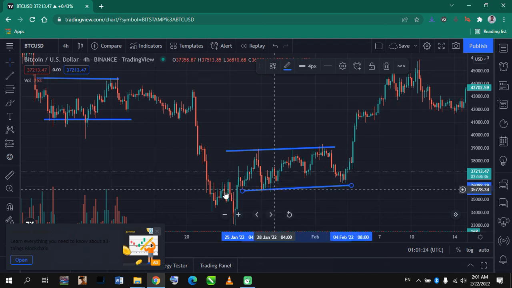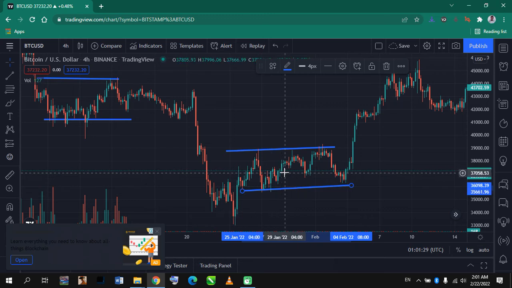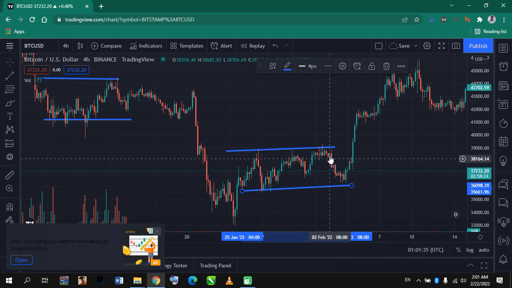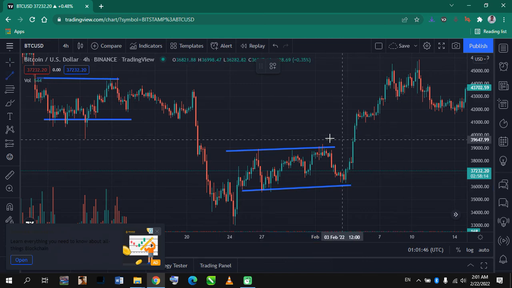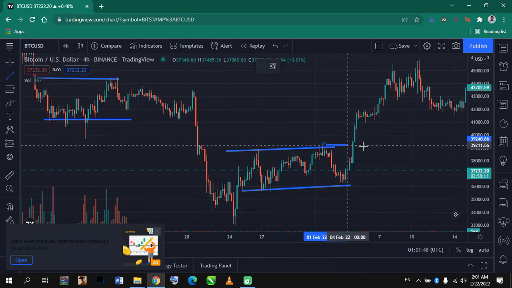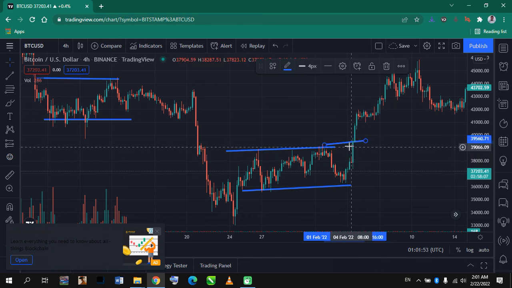In this period of accumulation, if you are a scalper, you can make a lot of money here if we take it to a lower time frame. But I intentionally don't want to teach as a scalper. Immediately you find this range, you have to sit tight. Whenever the market breaks above the previous high, this is the previous high, the moment the market breaks above it, then we are in for an uptrend.